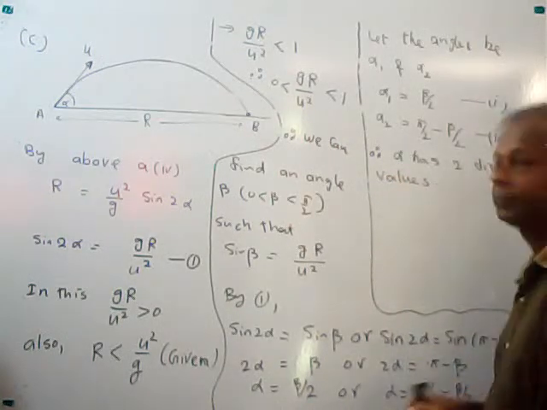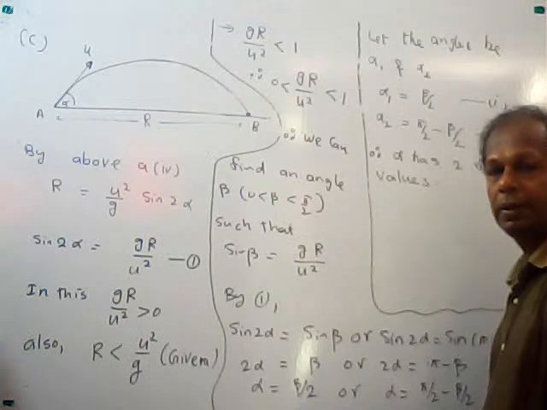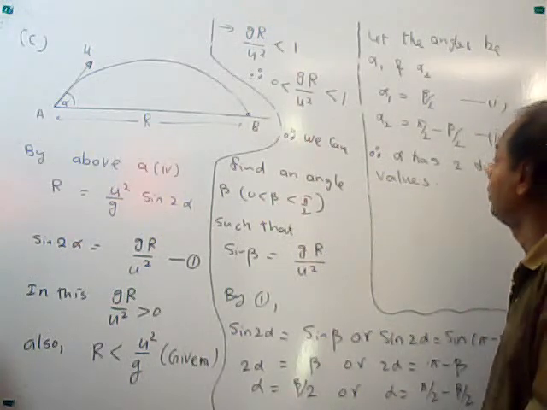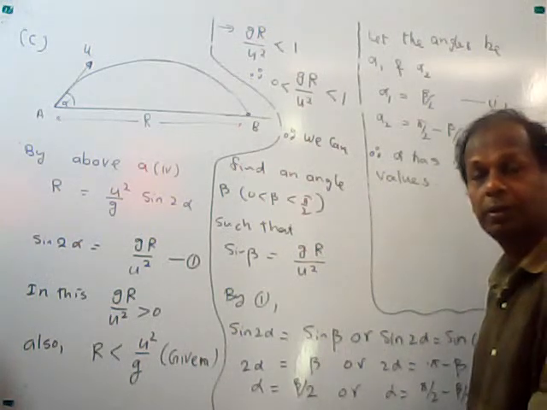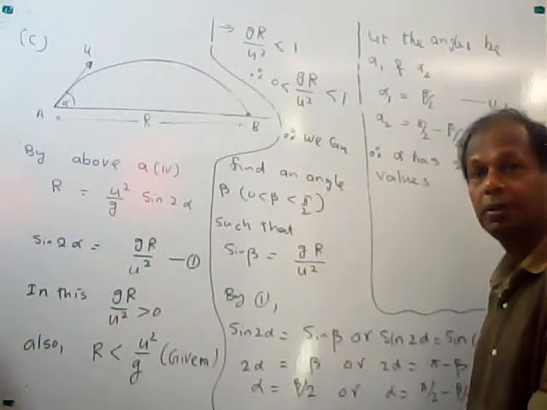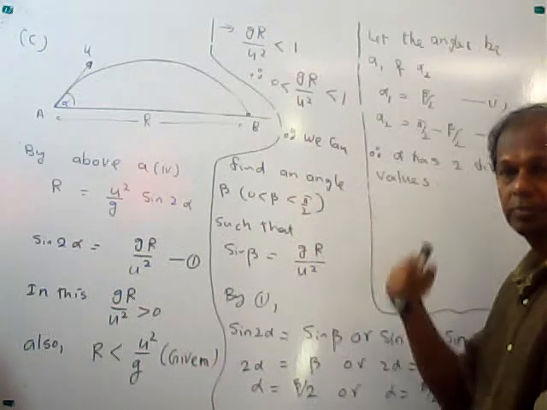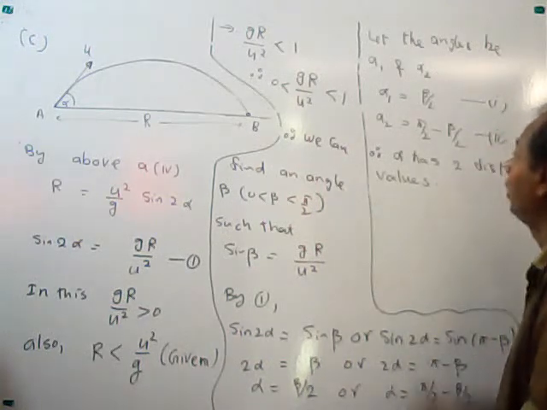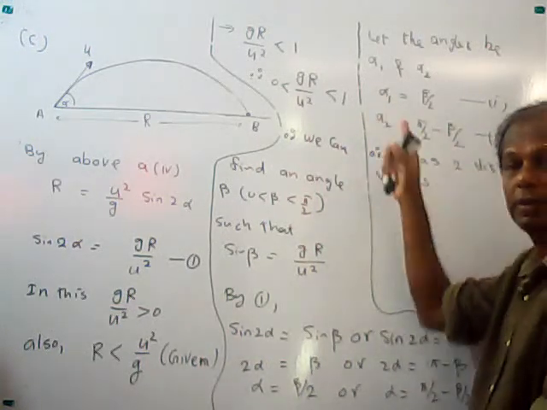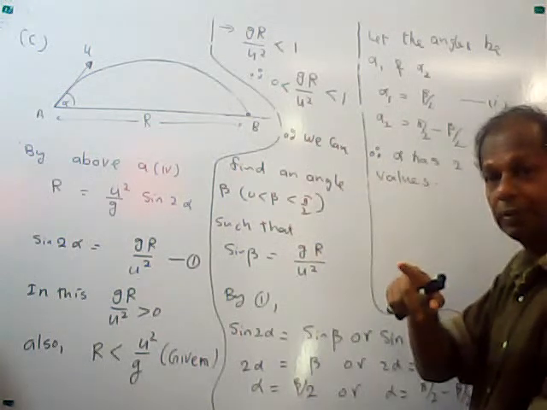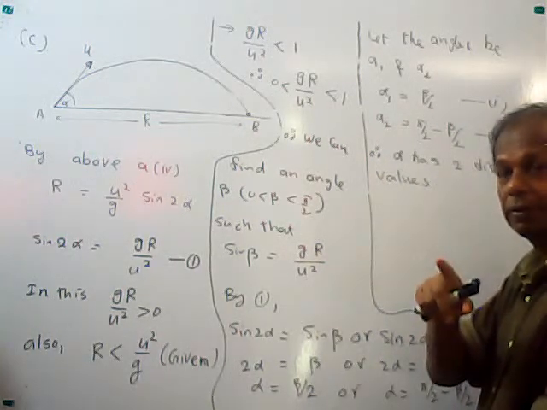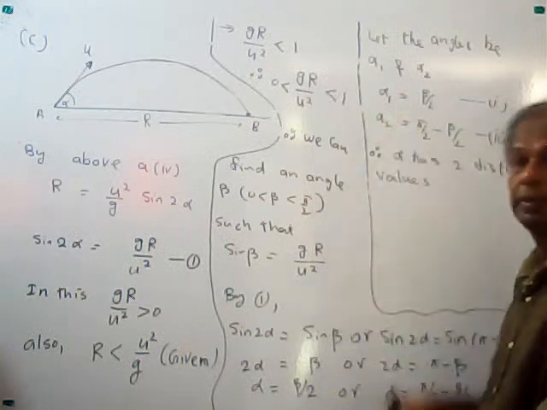Then you are asked to show that the two angles are complementary. Complementary means the addition should be equal to 90 degrees. Alpha 1 and alpha 2, these two angles are complementary. Read the question. That's another part in which you have to show two angles are complementary.